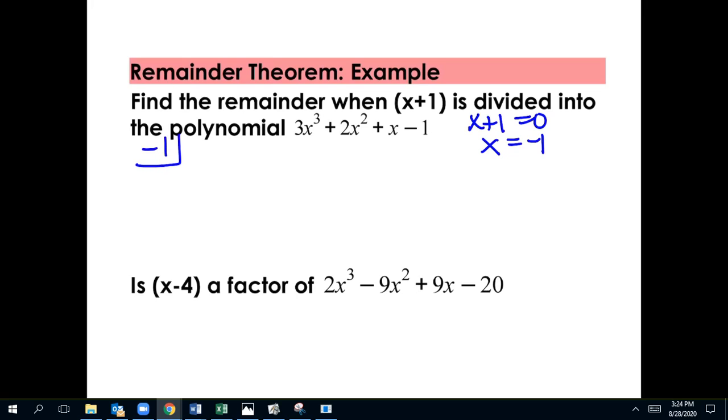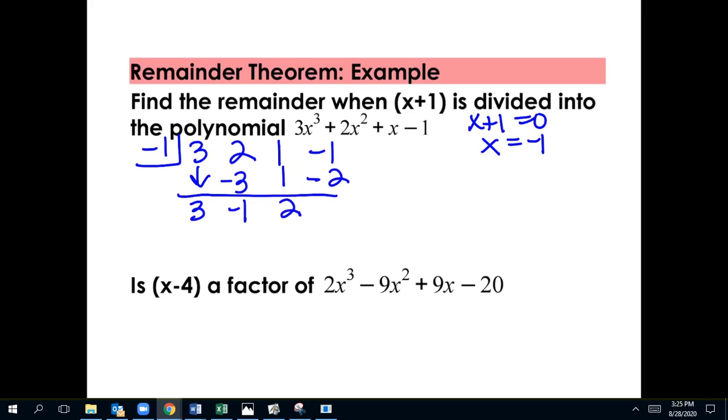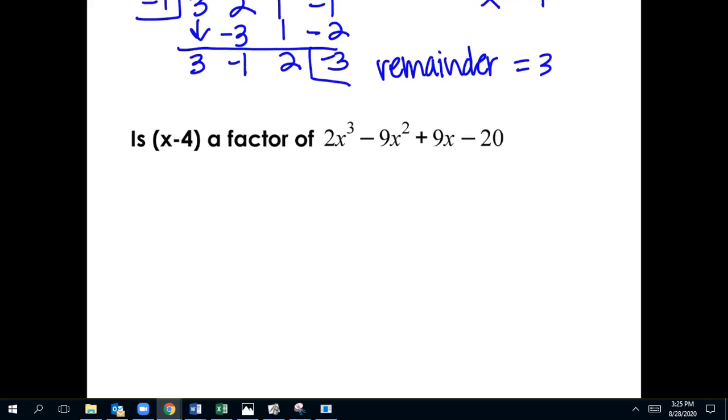Put -1 in the box, list the coefficients in descending order, and bring down the leading coefficient. Okay, that is the remainder. The remainder equals 3.